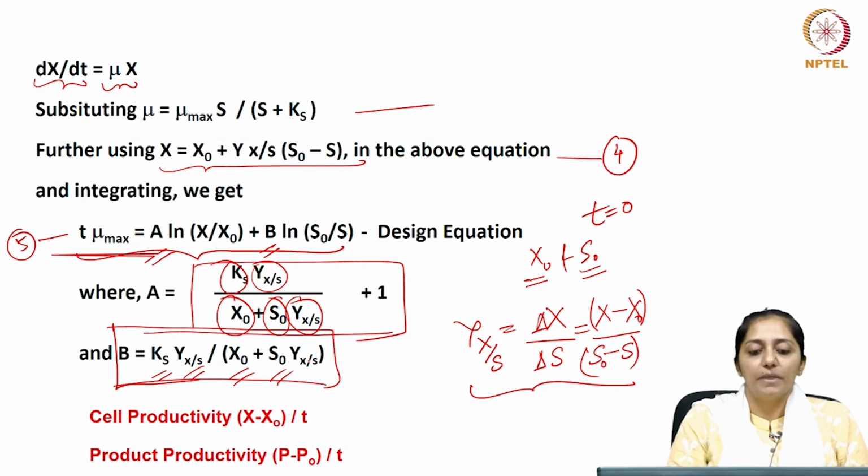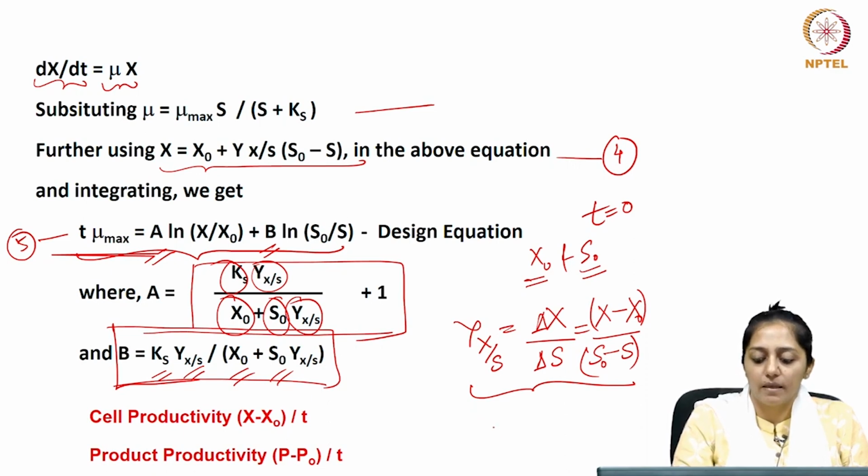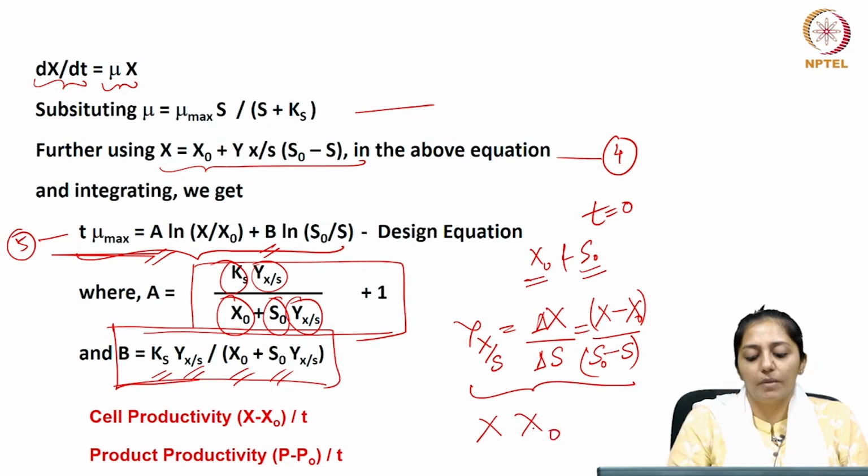Now, for a batch fermentation, the cell volumetric productivity, where X is the biomass concentration and X naught was the initial biomass concentration, is defined as the amount of biomass produced per unit time. We know this much amount of biomass, which is X, is getting produced in time t, which is batch time.